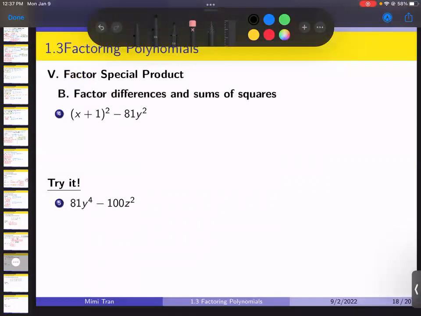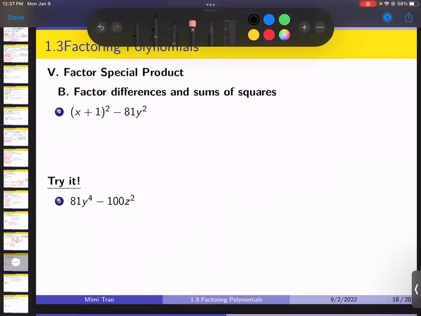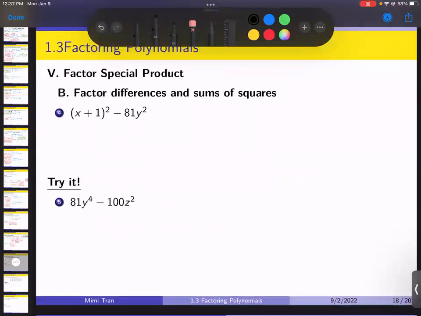Number 4. I suggest for these kinds of problems, I want you to recognize what is your big A, what is your big B. So first, you know the difference is 2 squared, right? It's a minus. So what is my big A here? X plus 1, right?